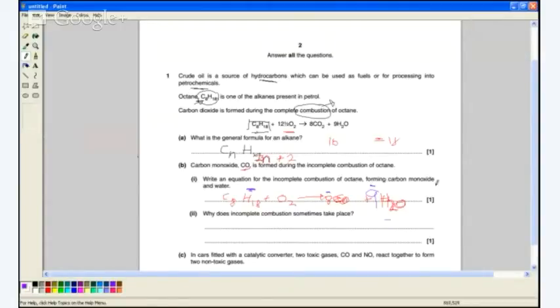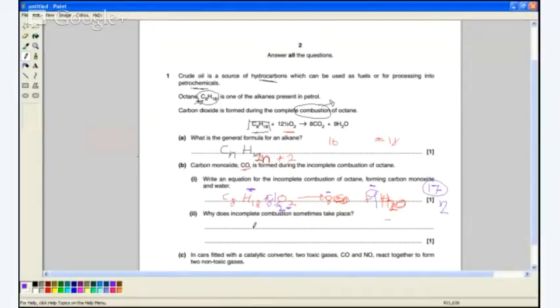That's 17 atoms in total. 9 add 8, yep, it's 17. So that's an O2 molecule, so I need to divide this by 2. And that'll give me 8.5. Pardon my disgusting handwriting. There you go.